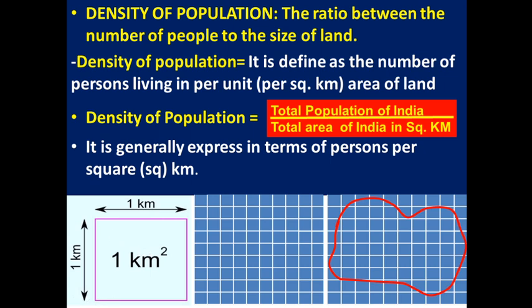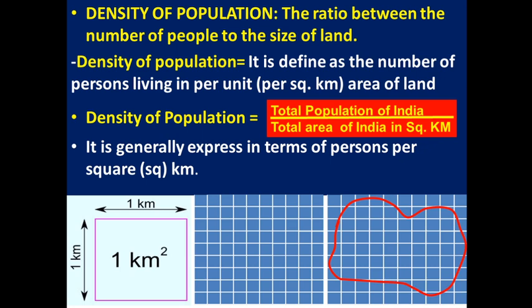Why? The size of population in China is much larger than India, but the density of population in China is much lower, because the size of China's land is much larger than India's.